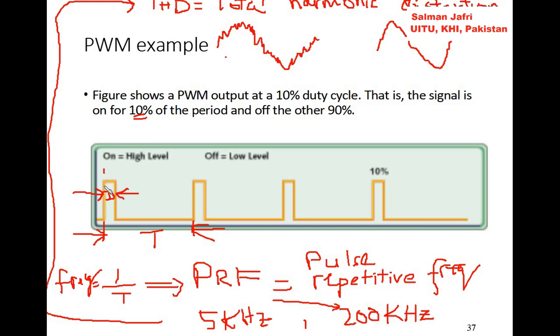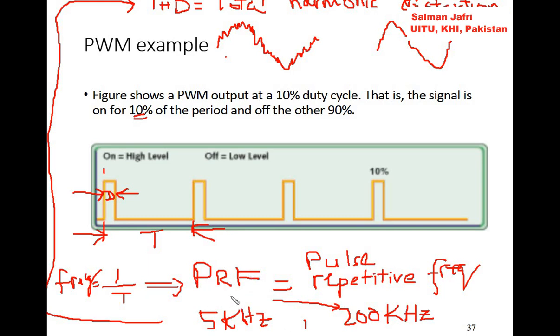The signal is on for 10% of the time and it is off for 90% of the time. So this is one time period of the pulse width waveform, right? If we have time t, which is from here to here, the frequency would be 1 over t, and we call it PRF, or pulse repetition frequency.